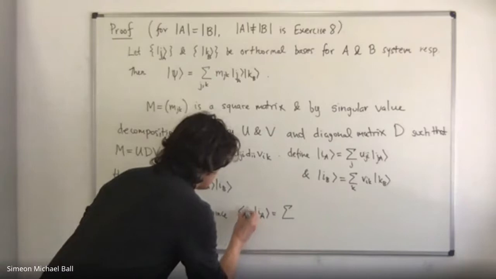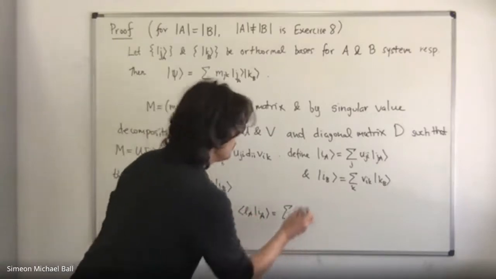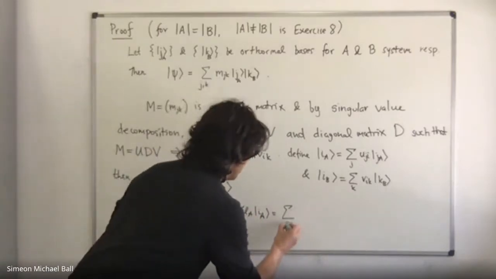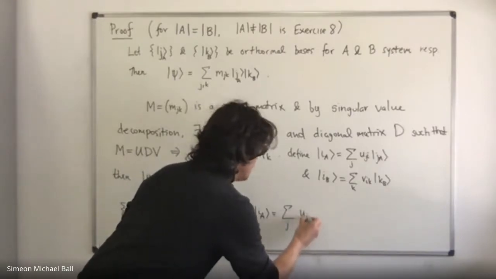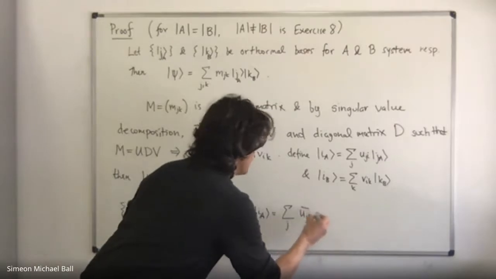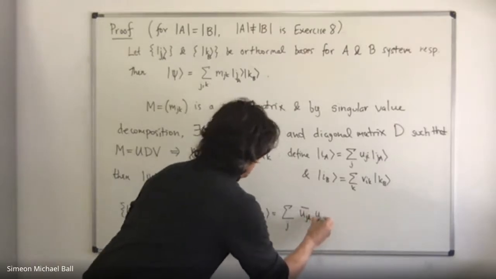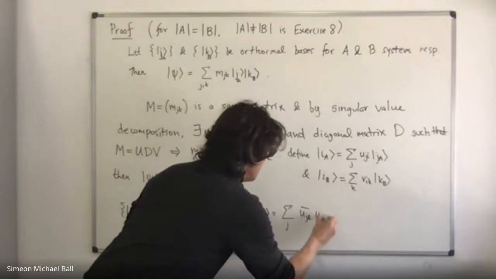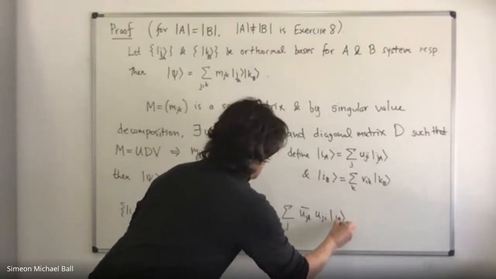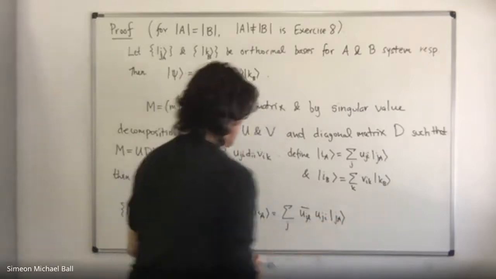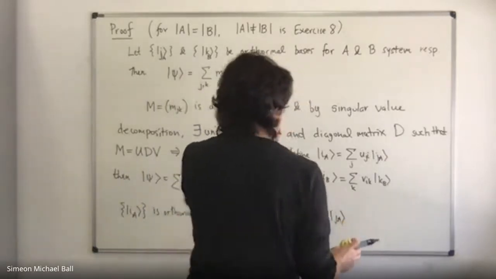So this would be the sum over j of U_jl bar and then U_ji jA. Oh no, what am I doing? No.